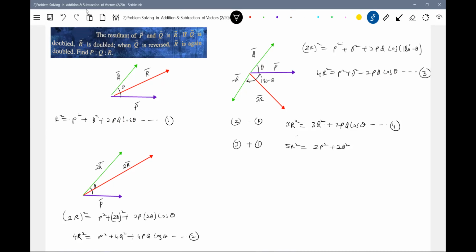So we have P square plus Q square equal to 5R square by 2. Why are we doing all this? To get that ratio, I should bring P in terms of R and Q in terms of R. Then only I can do something new. This equation we'll call equation 5.